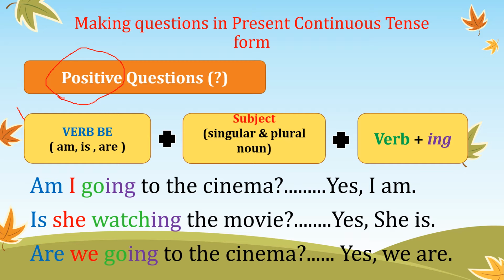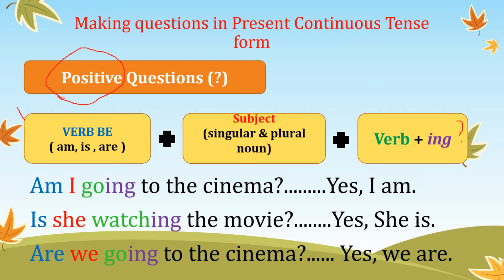And then the next word should be the subject, which is the singular and plural noun: Ali, Siti, John, Mira, the cat, the book, the restaurant. And after that, it should be followed by verb plus ing and a question mark.